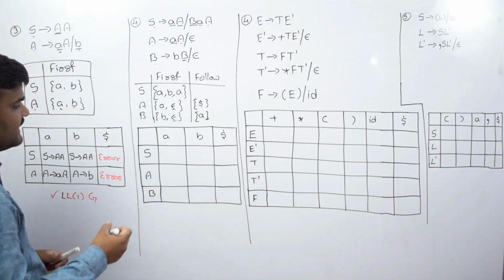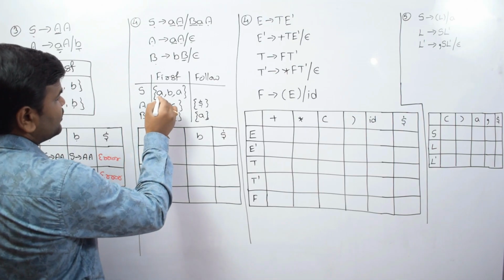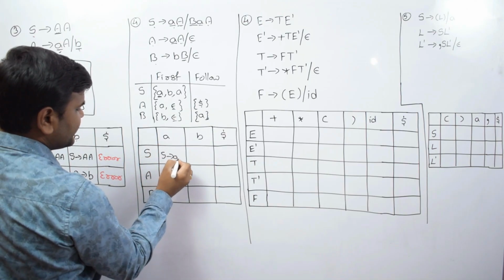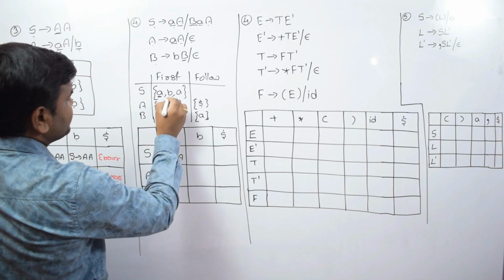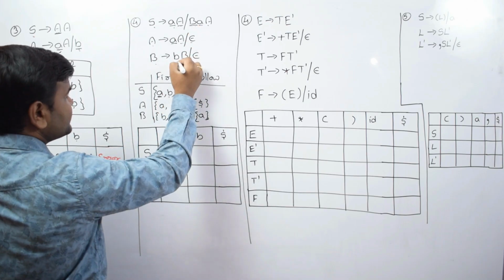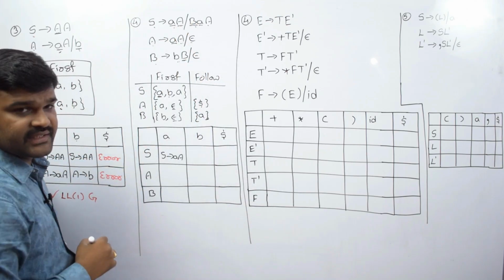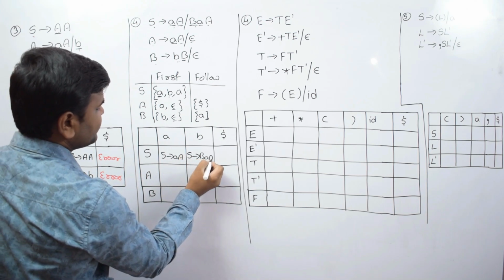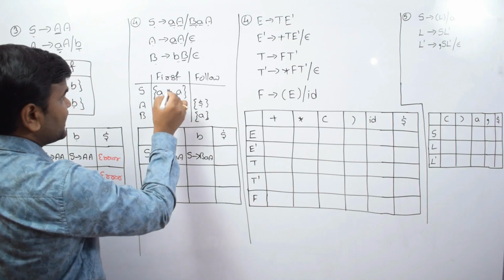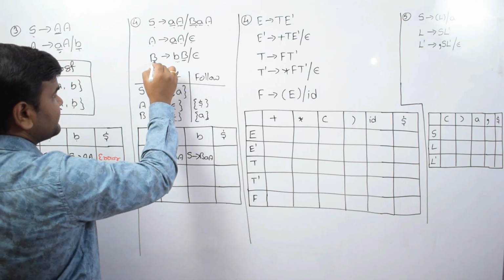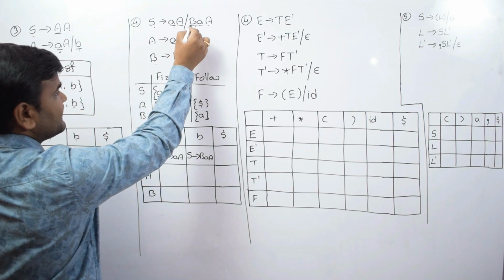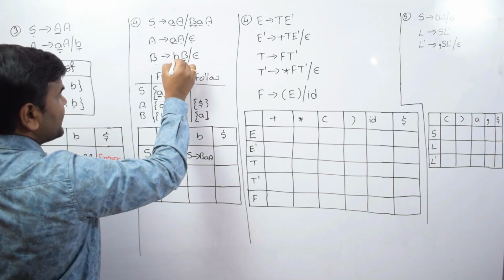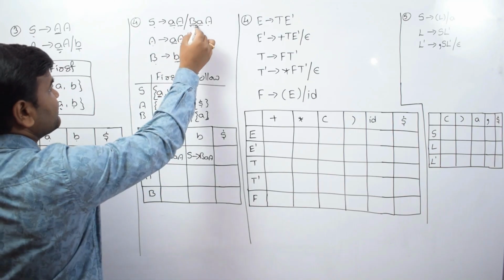Okay. Now based on this follow and first, let us try to fill this parse table. So this A you got from this production, so S arrow A capital A. Next this B you got from this production, that means from this production only, so that is why S arrow B A A. Of course this B you got from this production by substituting B with this one here, but this one you got from this production only, that is why always we will write this one.